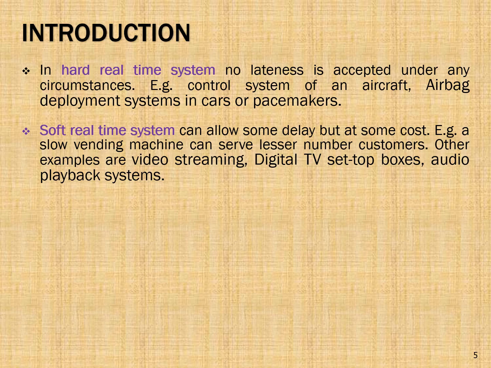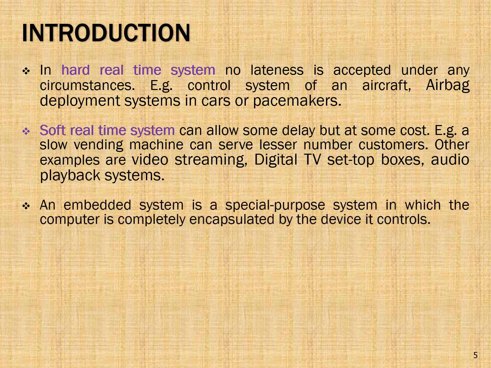Other examples are video streaming, where there can be some buffering, and digital TV set-top boxes, where some late actions or delay may be acceptable. Audio playback systems are similar, where delay will not have any catastrophic effect and can be sustained.